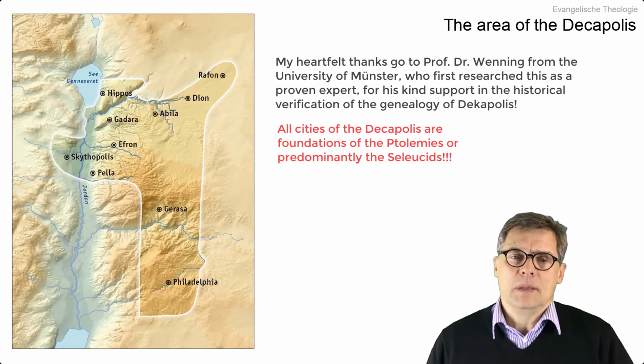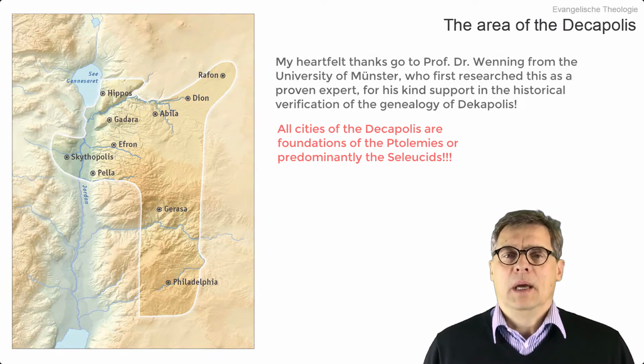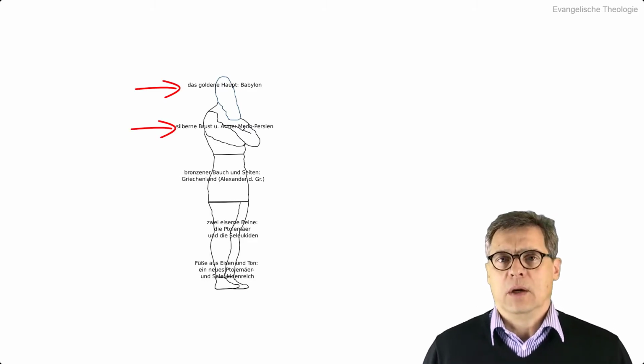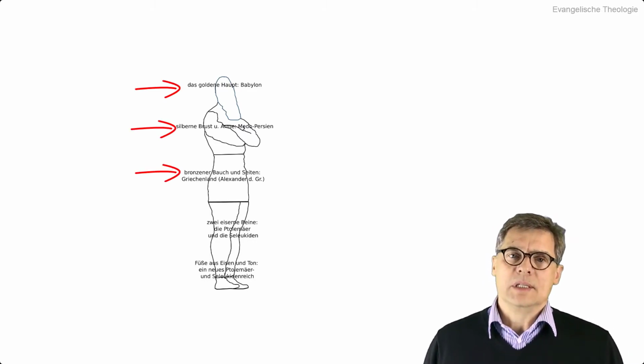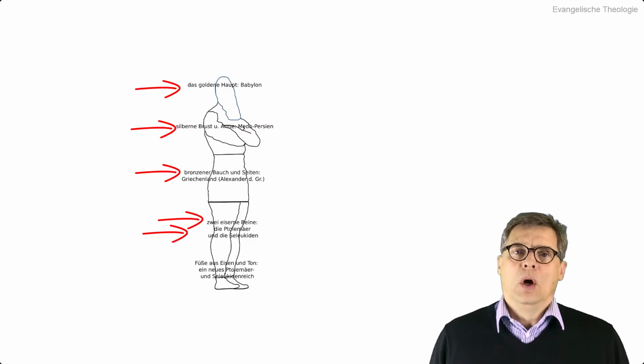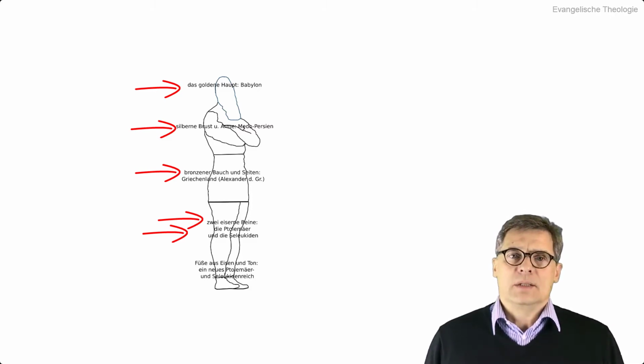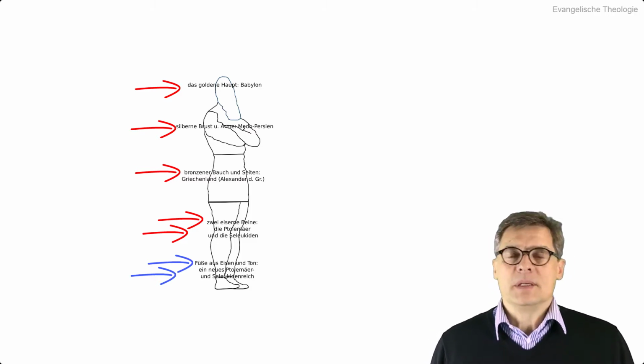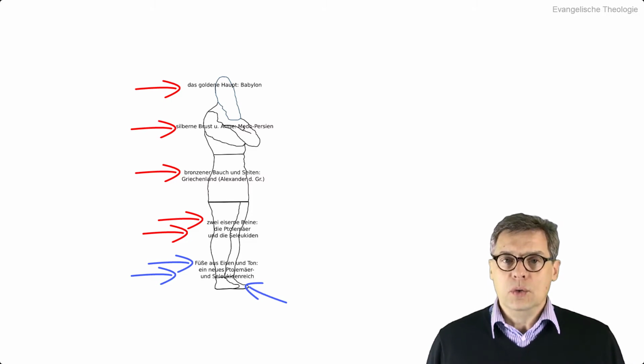which are astonishingly clear in the Bible. So we have the structure Babylon, Medo-Persia, Alexander the Great, then the 2 legs, the Ptolemies and the Seleucids, and then the feet, the 2 new rising kingdoms of the historical Seleucids and Ptolemies, and finally the toes as the Decapolis.